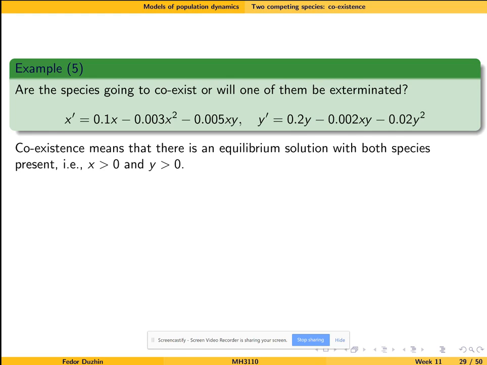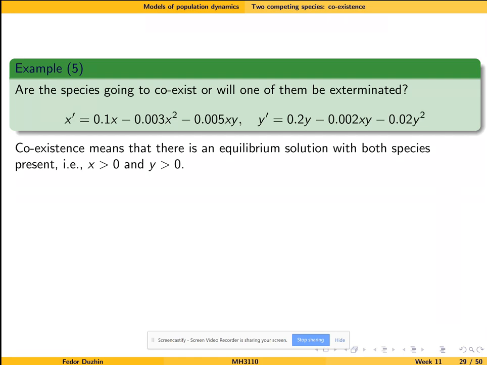But logically, what could also happen is that the competition may be in favor of one of the two species. If one species is superior to the other, then its bad influence on the other one is much stronger than the reciprocal bad influence. So the superior species is always going to win the competition, regardless of the initial populations.